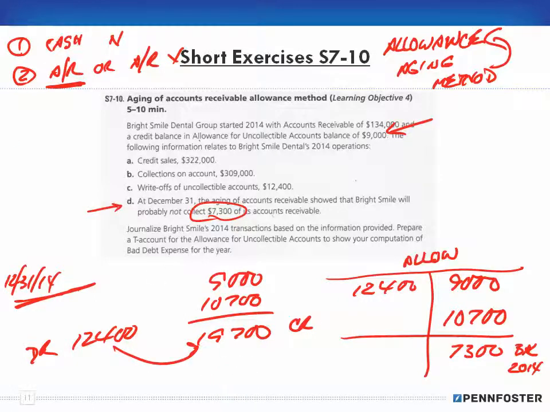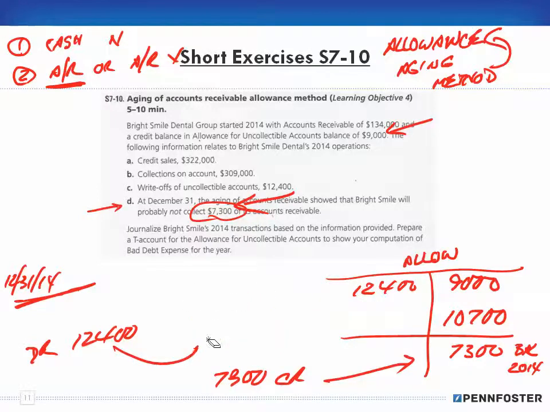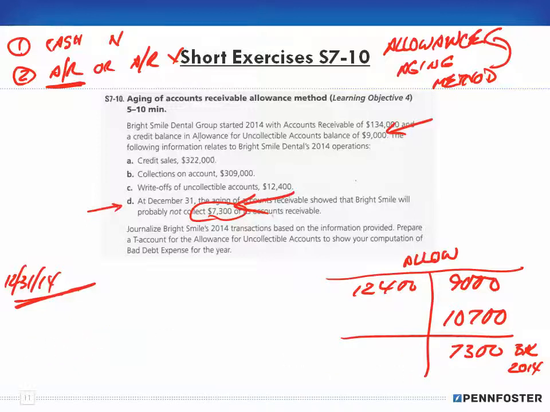That's how I arrive at my credit balance here in the account, which is what I estimated it to be. Let me go back over that again just to clarify it. Remember, the balance in the account is our debits less our credits. We want to have a balance of 7,300.